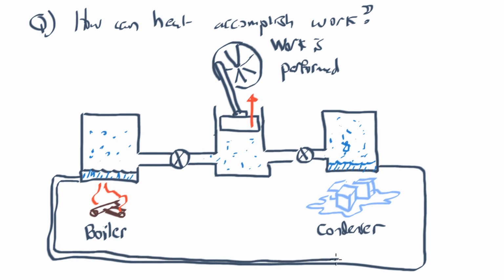You might even use some of the energy of the work done by the expanding piston in the middle to drive a pump that pumps this water back around in this direction, and then you repeat the cycle once again. So by boiling the water on the left and appropriately opening and closing the valves and condensing the steam on the right, one can imagine performing a cycle of work, pushing this piston up, pulling it back down, pushing it up again, and pulling it back down.